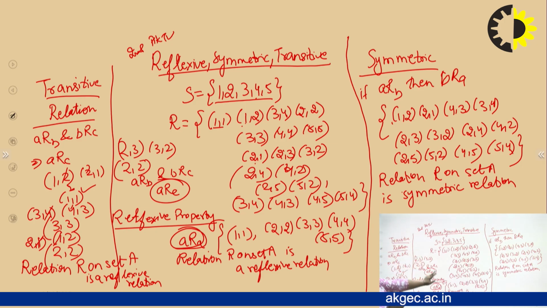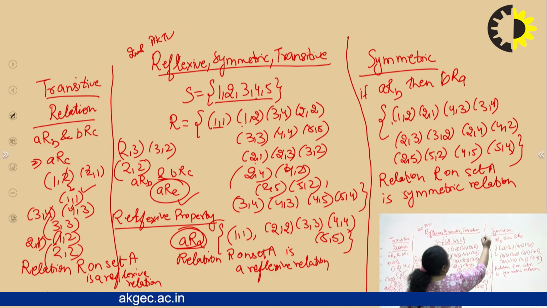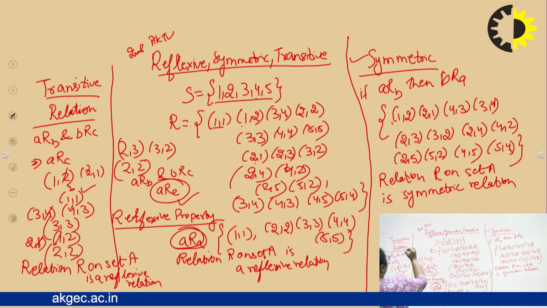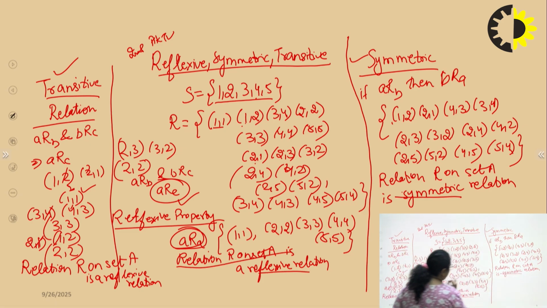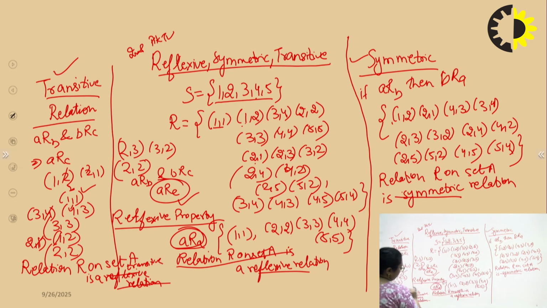so this relation, can we say this relation is an equivalence relation? Yes, this is an equivalence relation because this relation is reflexive, this relation is symmetric, and this relation is transitive also. Can you check it? Satisfying the reflexive property, satisfying the symmetric property, satisfying the transitive property.